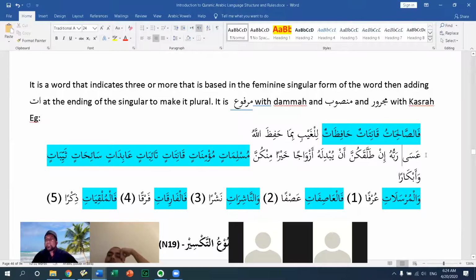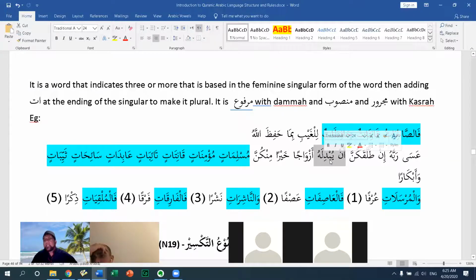So what this verse is saying, عسى ربه, it is possible that his Lord إن طلقكن, if he divorced you, kunna here is referring to the wives of Rasulullah sallallahu alaihi wasallam, to substitute him.